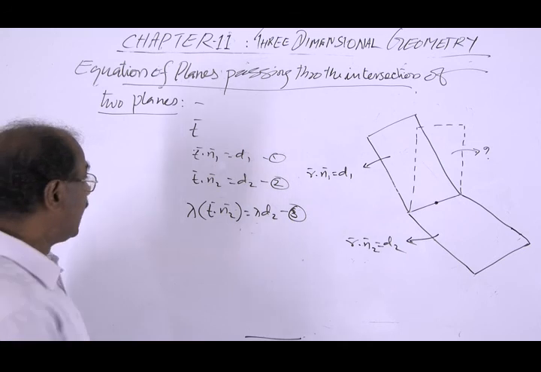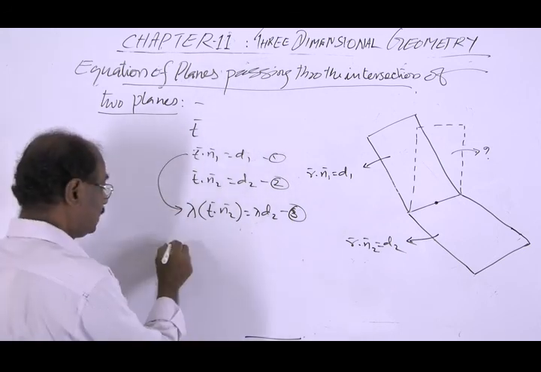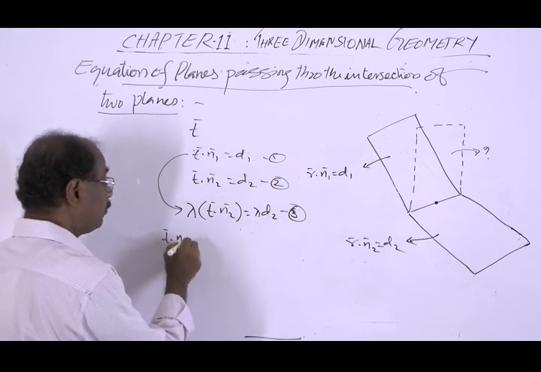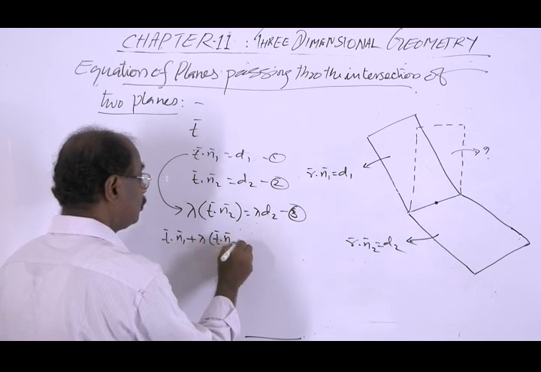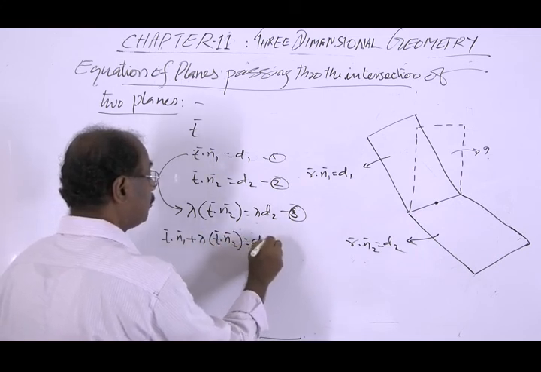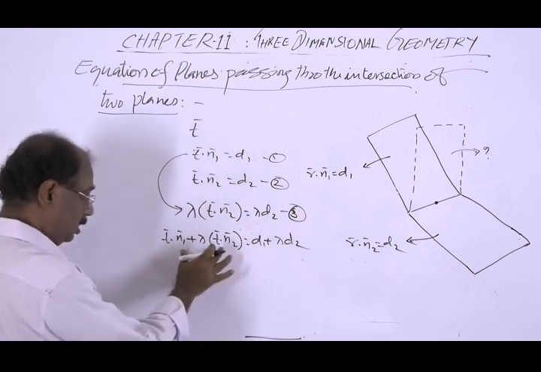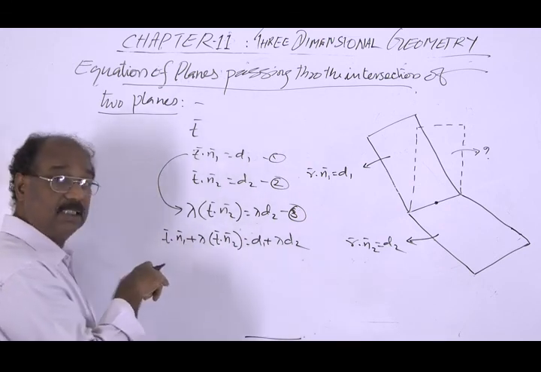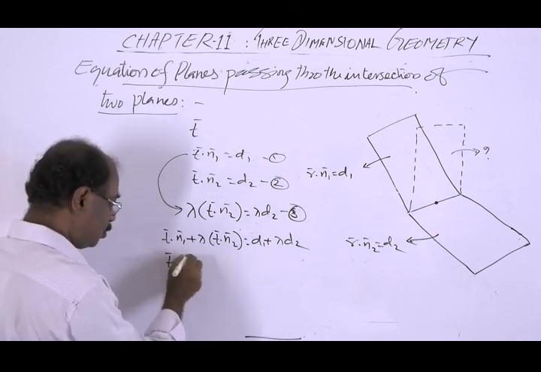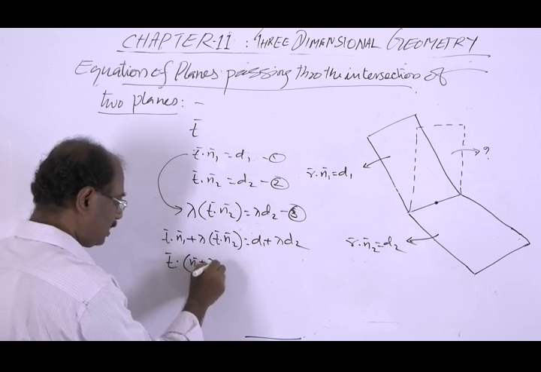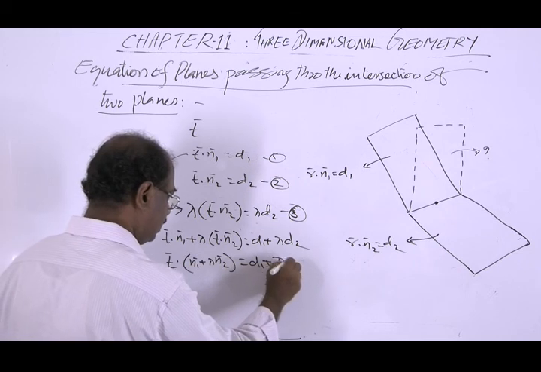Suppose we add 1 and 3, then t dot n1 plus lambda into t dot n2 is equal to d1 plus lambda d2. Taking t outside, applying the distributive property of the dot product, we see that t dot (n1 plus lambda n2) is equal to d1 plus lambda d2.